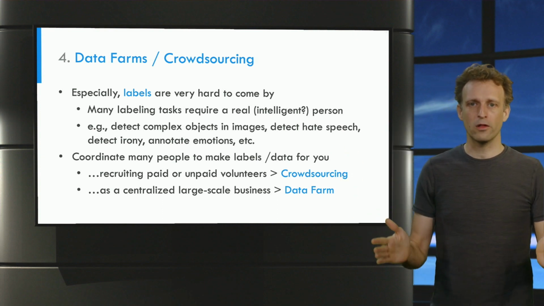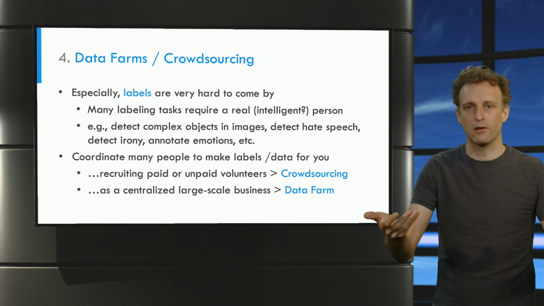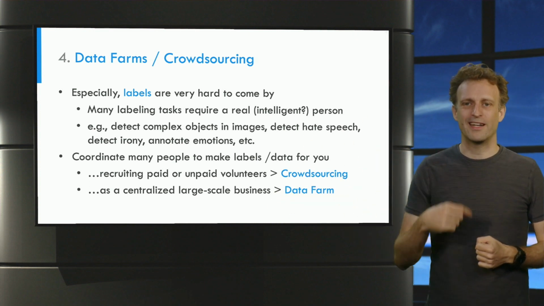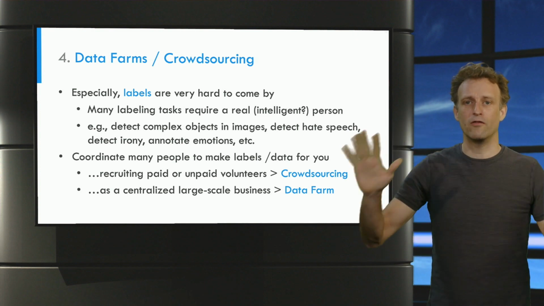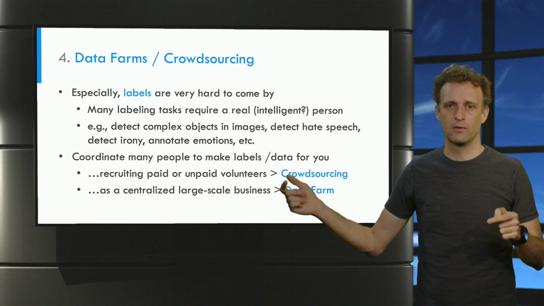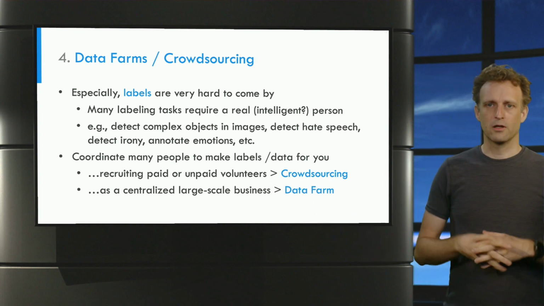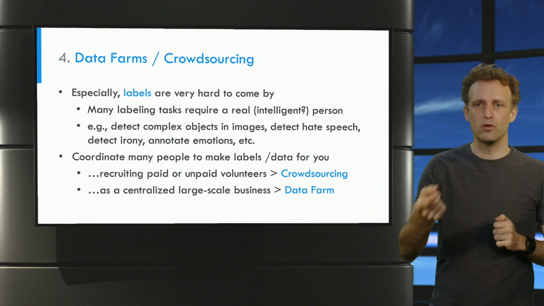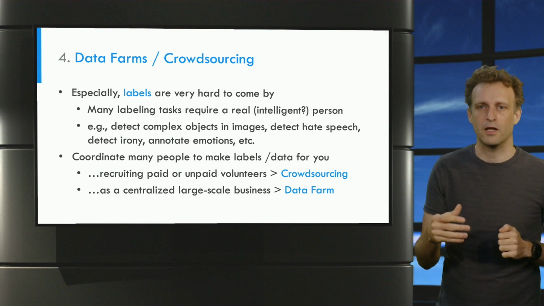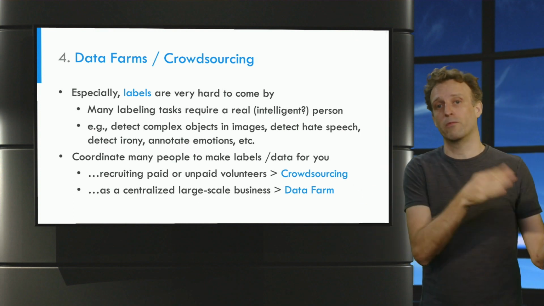Data farms are a one-step solution: large businesses to which you can outsource the whole data labeling or data cleaning problem, and they take care of it using their own workforce, and you simply pay the bill at the end. In contrast, crowdsourcing means that you are recruiting paid or unpaid volunteers, typically using some kind of internet platform, and they perform the task for you.